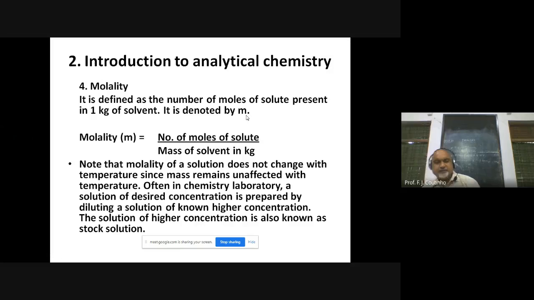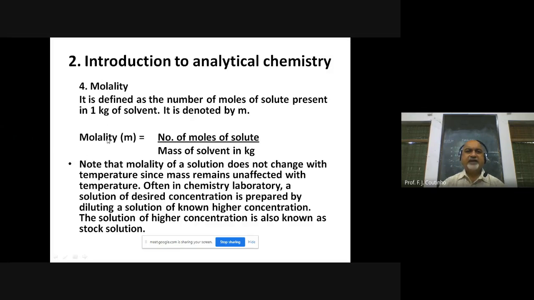But above all, what is the major difference? One is solute present in 1 liter, that is molarity, denoted by capital M. Molality is solute present in 1 kilogram of solvent, and it is denoted by small m.